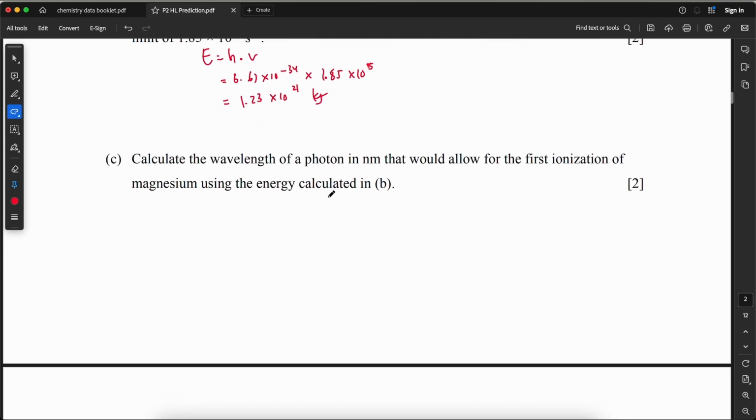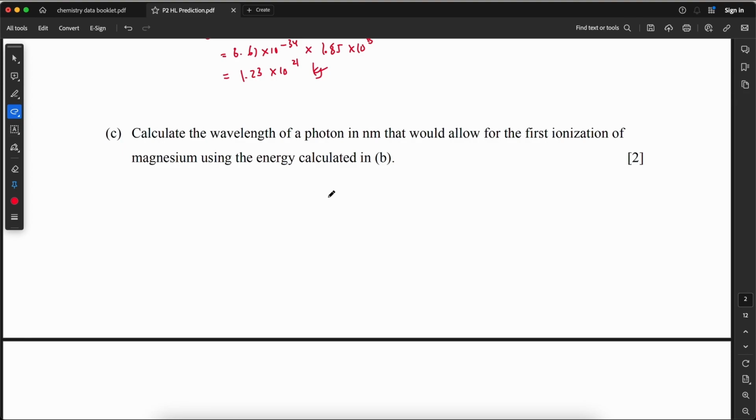Calculate the wavelength of a photon in nanometer that would allow for the first ionization of magnesium using the energy calculated in B. So wavelength would be h times c divided by energy.